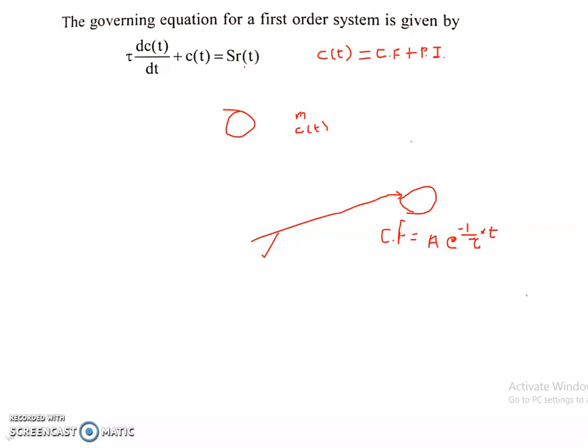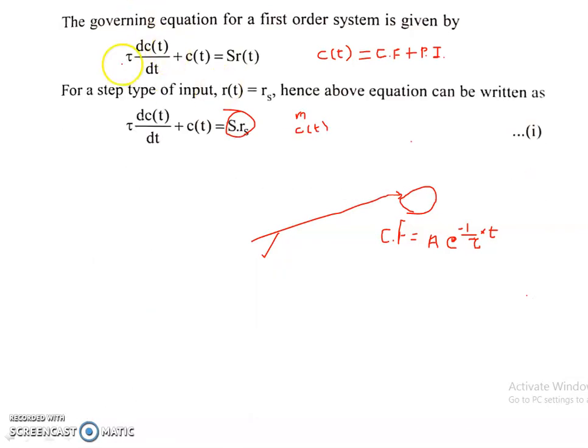So if we talk about a step type of input, then R(t) can be replaced by Rs. When we put R(t) equal to Rs, we will have equation number 1, which is an ordinary differential equation.